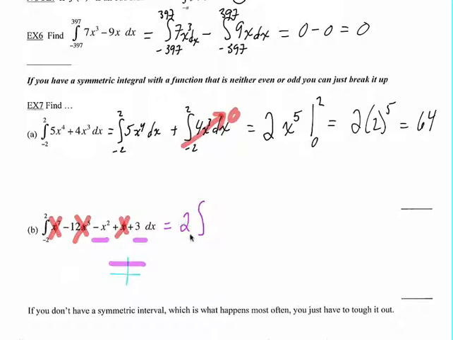So here's the doubling, and I'm going to take my integral from 0 to 2, and then we'll take the antiderivative.